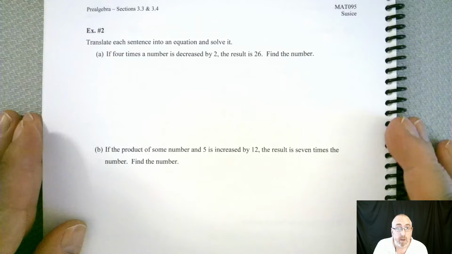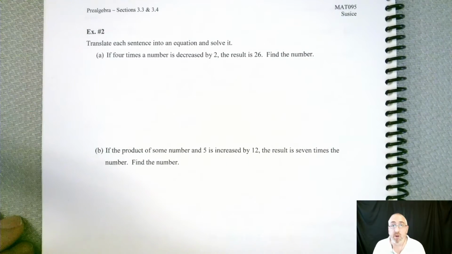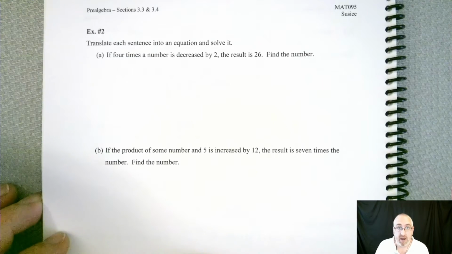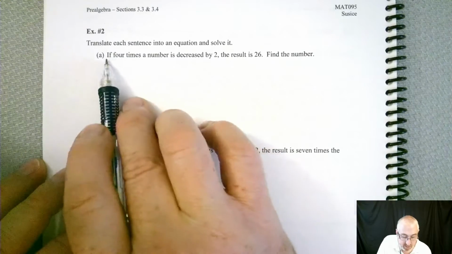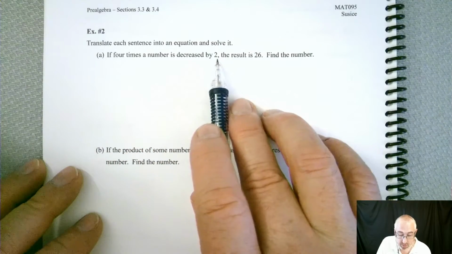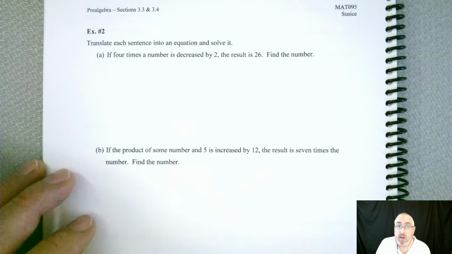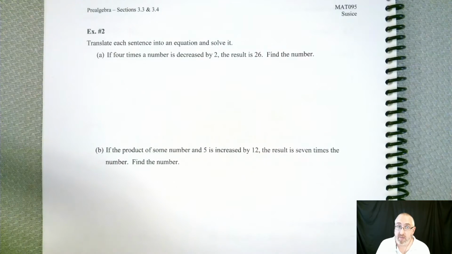So looking at example 2, we have to translate each sentence into an equation and solve it. Find the number. So if 4 times a number is decreased by 2, the result is 26. Find the number. Now this is a nice one in that we can compartmentalize the translations and then eventually synthesize it all into an equation.